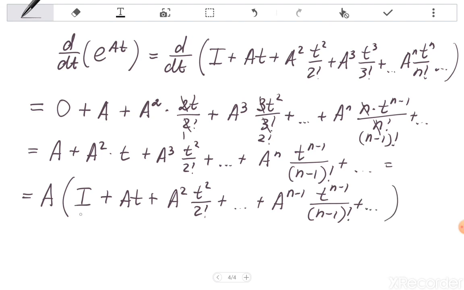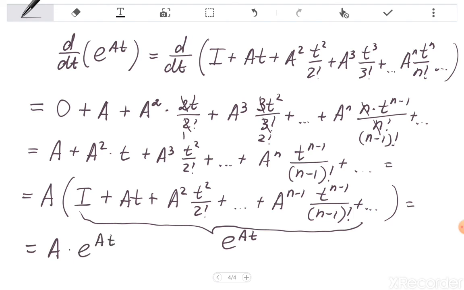So in fact, here you can say that this is exactly the same series that we started with, right? So this is e to the At. Therefore the derivative of this is A times e to the At.